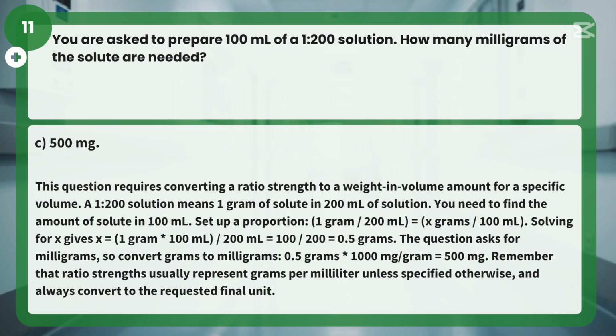Solving for x gives x equals 1 gram * 100 milliliters / 200 milliliters equals 100/200 is equal to 0.5 grams. The question asks for milligrams, so convert grams to milligrams. 0.5 grams * 1000 milligrams per gram equals 500 milligrams. Remember that ratio strengths usually represent grams per milliliter unless specified otherwise, and always convert to the requested final unit.